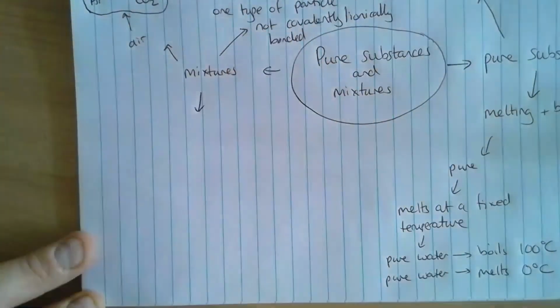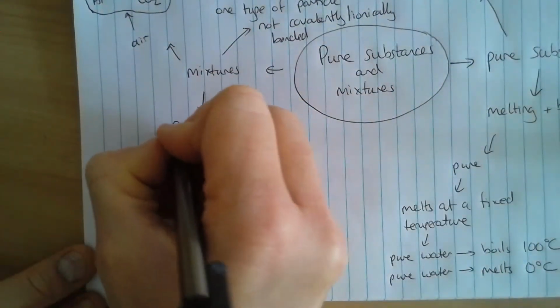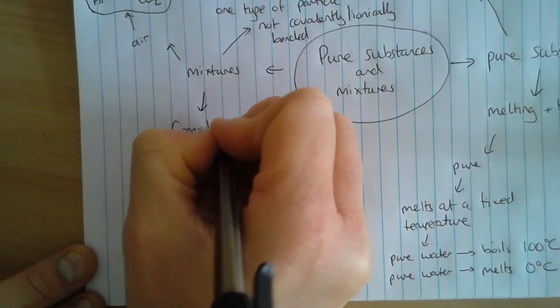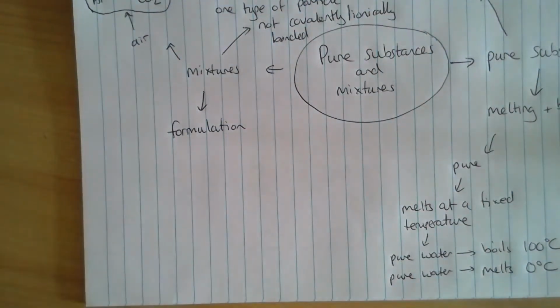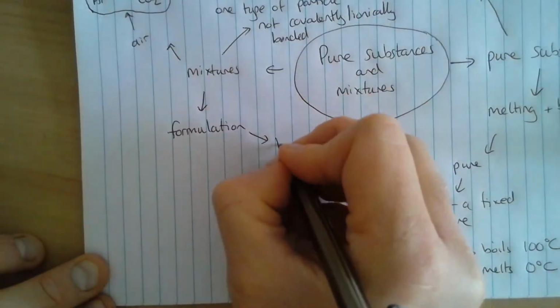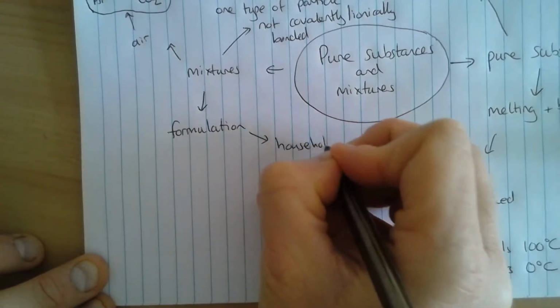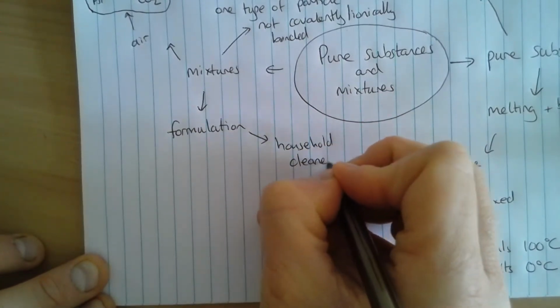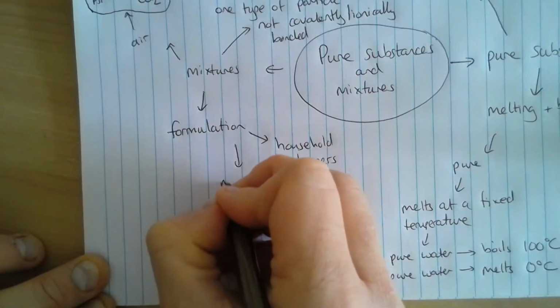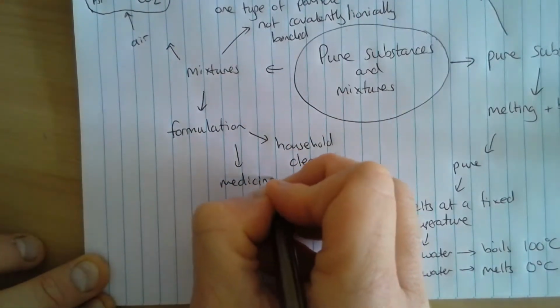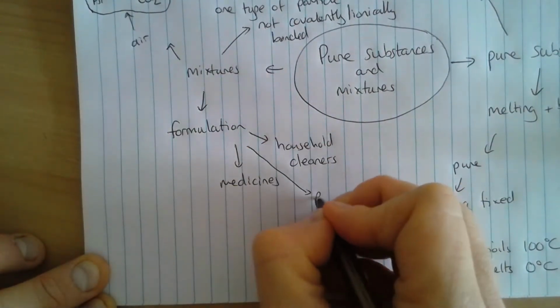There's a special type of mixture that we need to know about called a formulation. Examples of formulations: household cleaners, medicines, and paints.